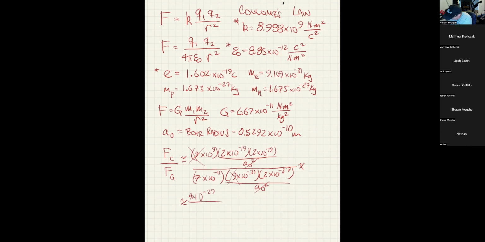And then on the bottom, I get 10 to the negative 11, 10 to the negative 31, 10 to the negative 27. That's 58, 68, 69. So this is 14 times 10 to the negative 69, which I think you can see is about equal to 10 to the 38th. Or excuse me, 10 to the 39th. That writing looks horrible.